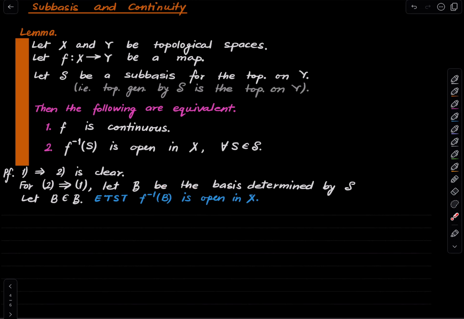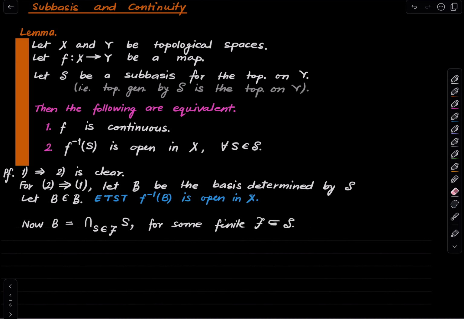Okay. Now, by definition of script B, B is this set, the intersection of the elements of some finite set, script F, contained in script S. And thus, what is f inverse of B? f inverse of B is f inverse of this intersection.